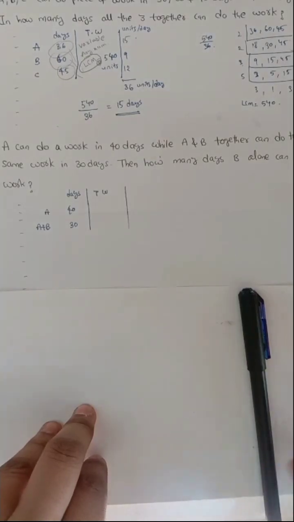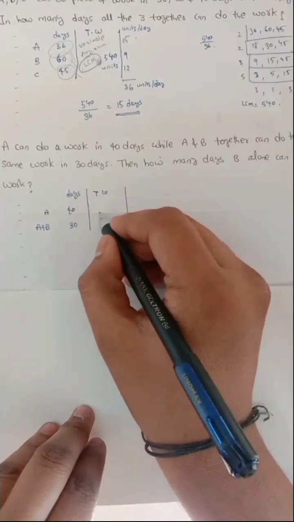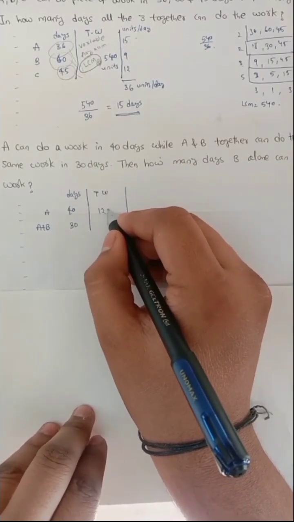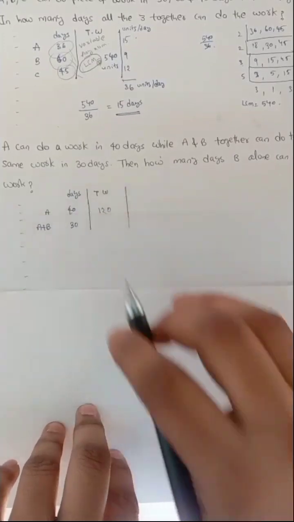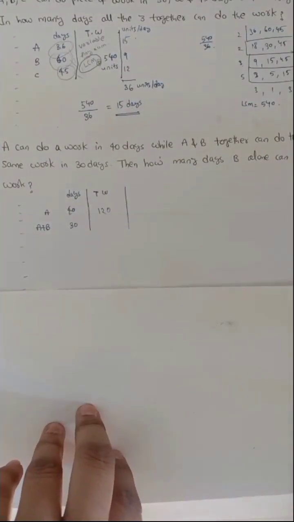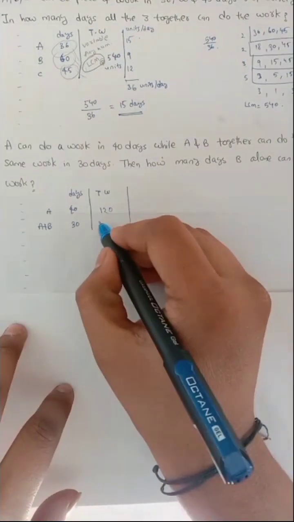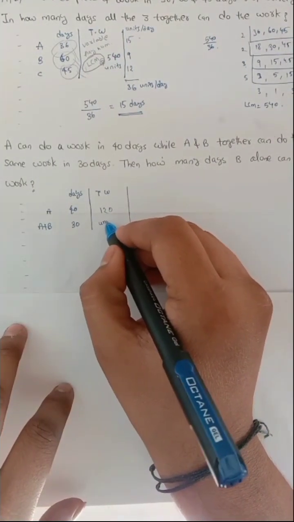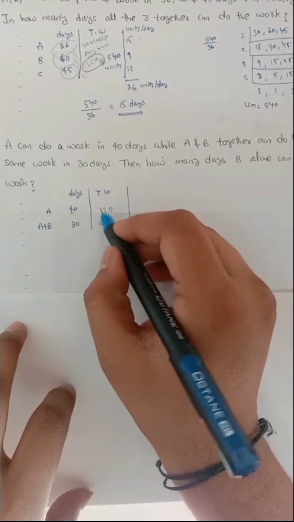If we calculate the LCM for this, 40 and 30, it is 120. So this 120, let us mention, units. This is the total number of units.